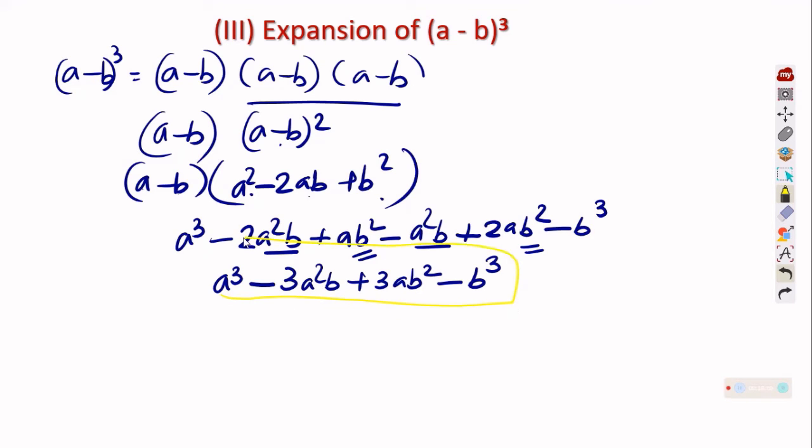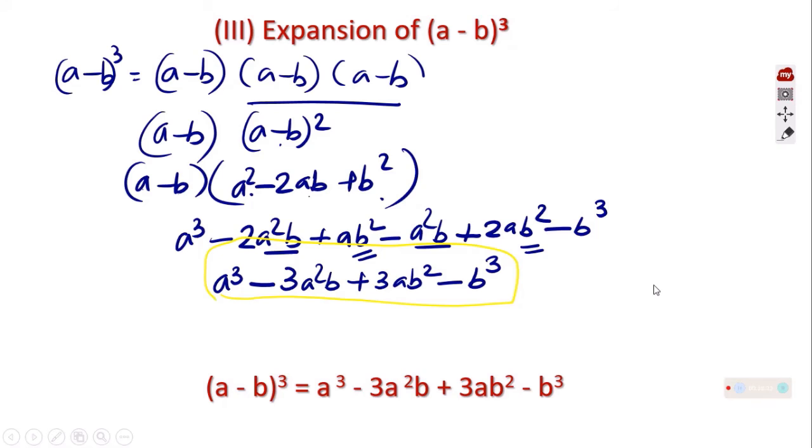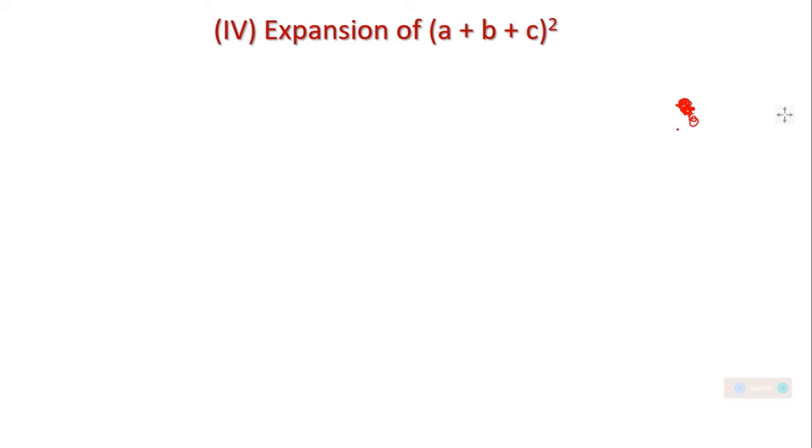Very important. Understood? (a minus b) whole cube is equal to a cube minus 3a²b plus 3ab² minus b cube. Apply it whenever time comes.